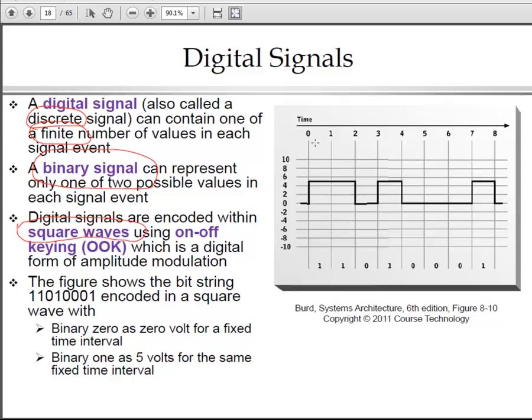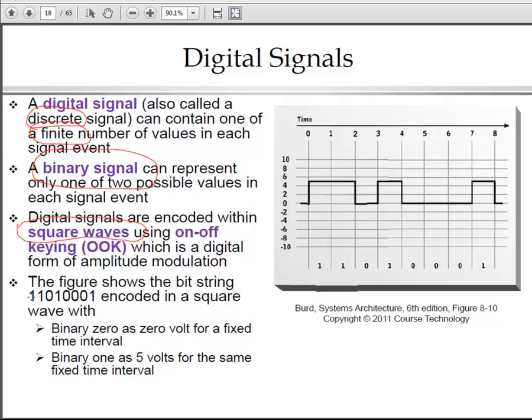I don't really have cycles now because I don't have that general rise and fall, but I still have the same concept of a time period. There is a time period here between 0 and 1. Call that seconds, call that millionths of a second, call it whatever you want. But there is a short time period during which the voltage value is held constant, and that represents either a 1 or a 0.